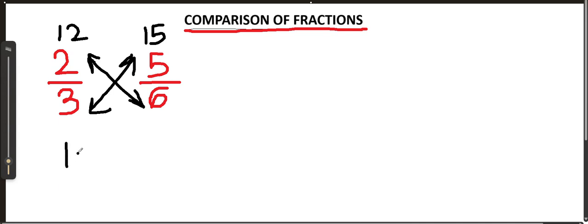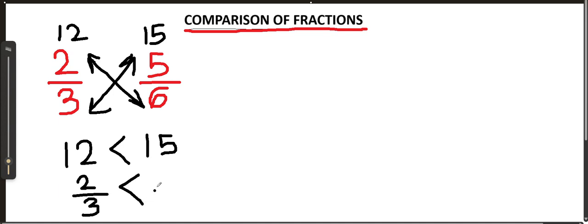So we definitely know that 12 is less than 15, and thereby 2/3 is less than 5/6. Okay, so the cross multiplication helps us to figure out which is the greater fraction and which is the lesser one. So we got our answer from here, that is 2/3 is less than 5/6.